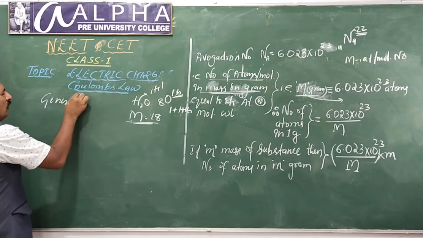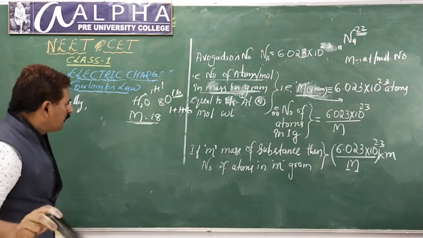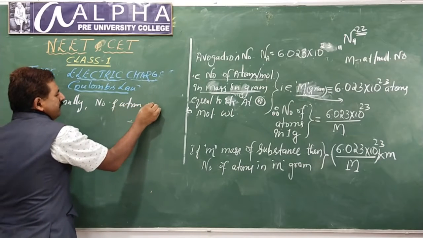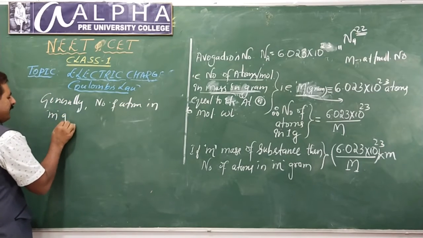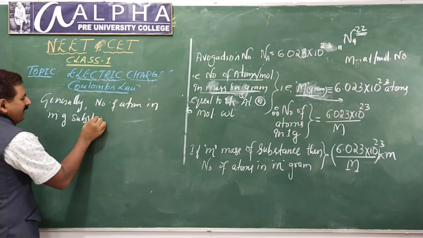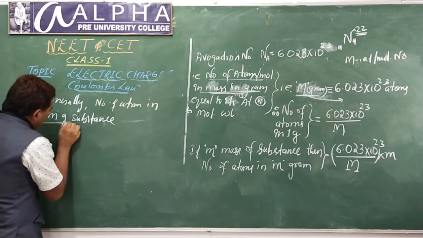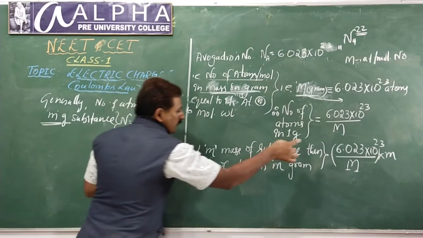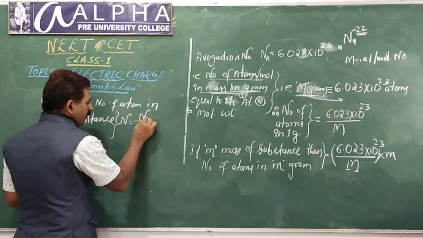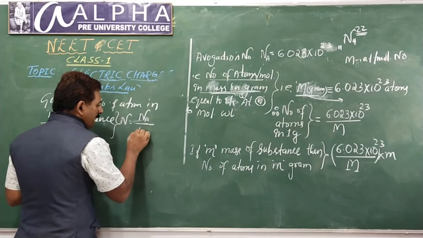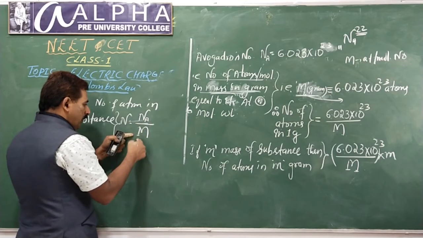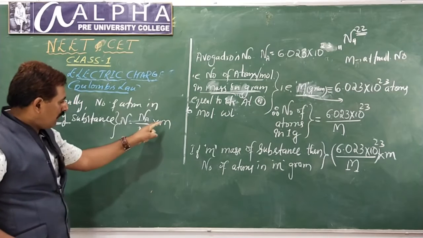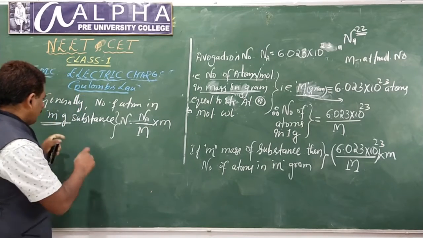Generally, the formula you need to remember for number of atoms in m gram of substance is N = (N_A / M) × m, where 6.023 × 10^23 is the Avogadro number N_A, M is the atomic or molecular mass depending on the situation, and small m is the mass in gram.